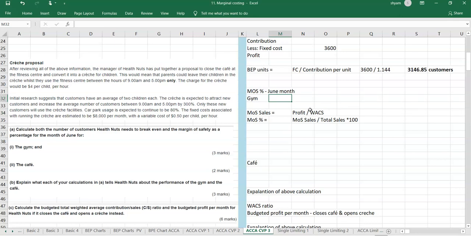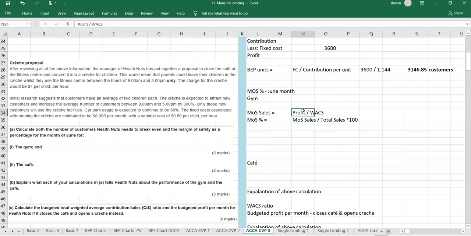Why we have to find out weighted average is that there are two products here, one is the cafe and the other one is the gym. Okay, so you have to find out these numbers. So first we have to find out the profit for that entire company, and also the weighted average CS ratio.